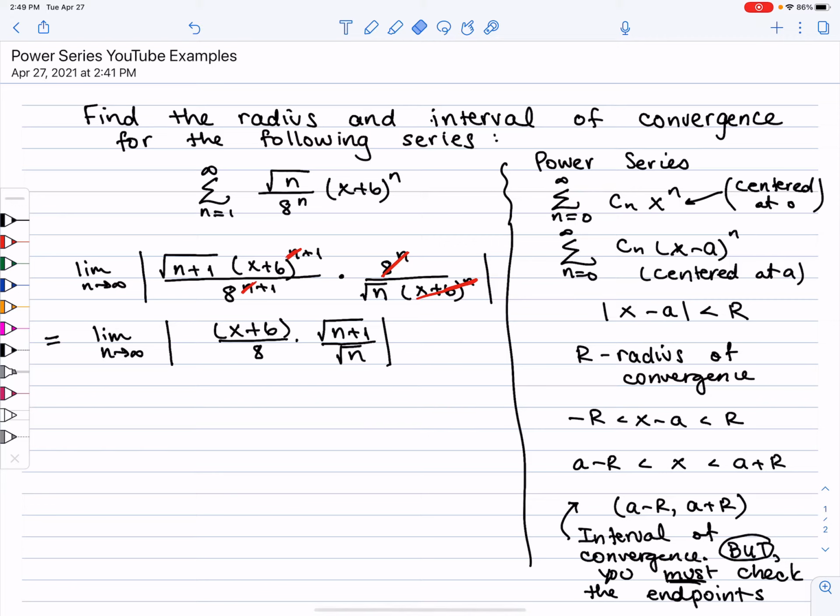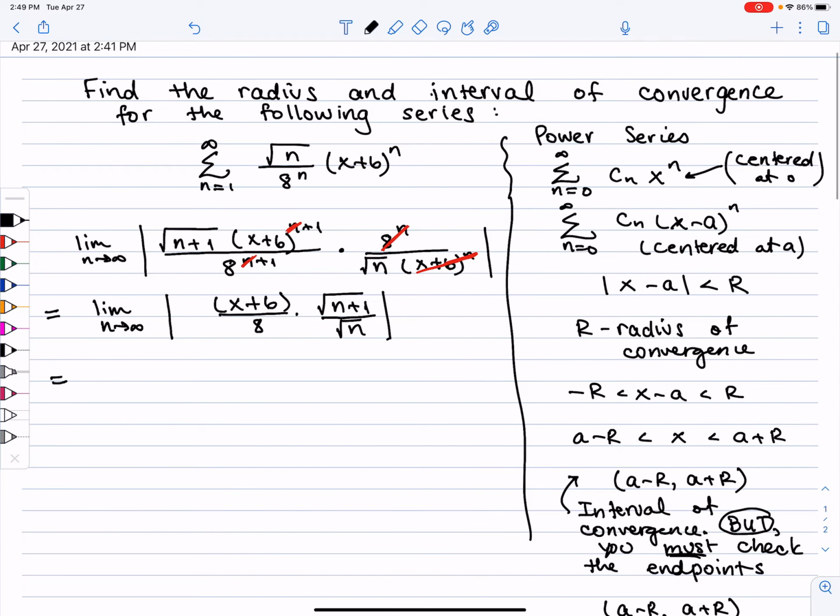The x plus 6 over 8, that's considered a constant because we're taking the limit as n is approaching infinity. And because x is not n, we're going to take that out and say this is x plus 6 in absolute value over 8 times the limit as n approaches infinity of the square root of n plus 1 over the square root of n.